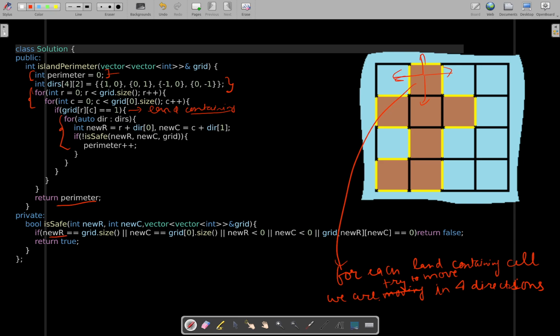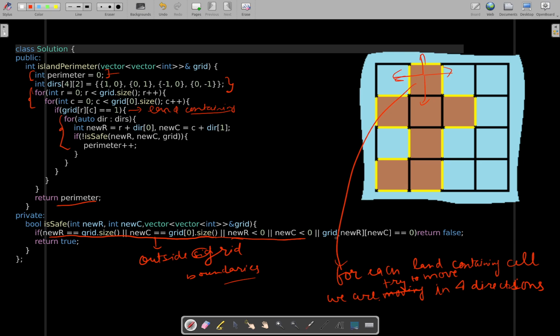If one move takes you outside the boundaries, then it is not safe. So this is outside grid boundaries, and these two are also outside grid boundaries.